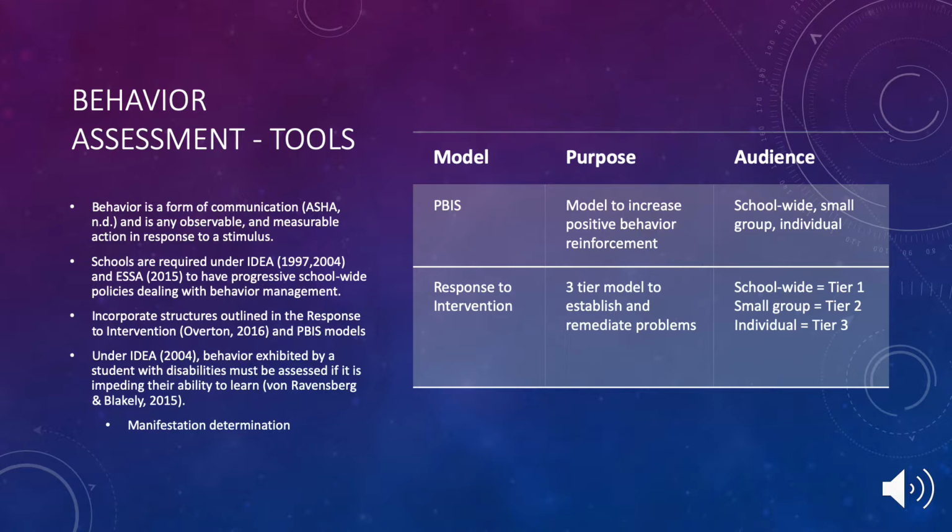So your tier 1 is going to be your general school rules and policies or district rules and policies. Your tier 2 is going to be specific interventions geared to smaller groups, such as a class or several students. And then you're going to have your tier 3 interventions, which are more intensive and are geared towards the individual student.